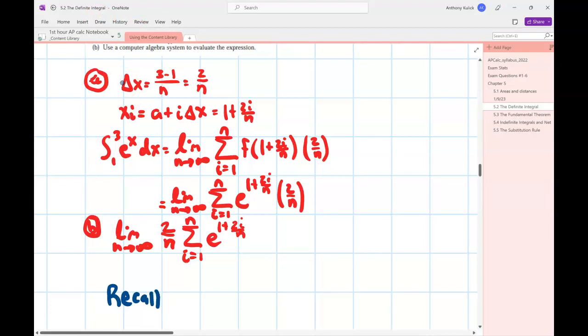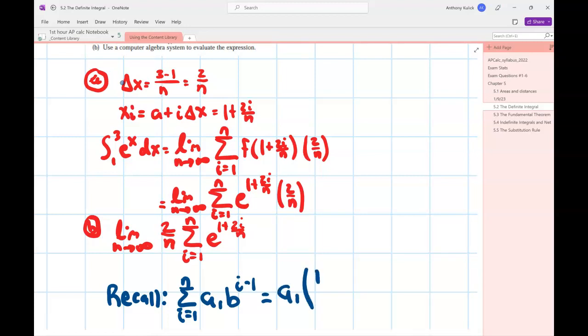So to evaluate that sum now, I remember this formula from Algebra 2.